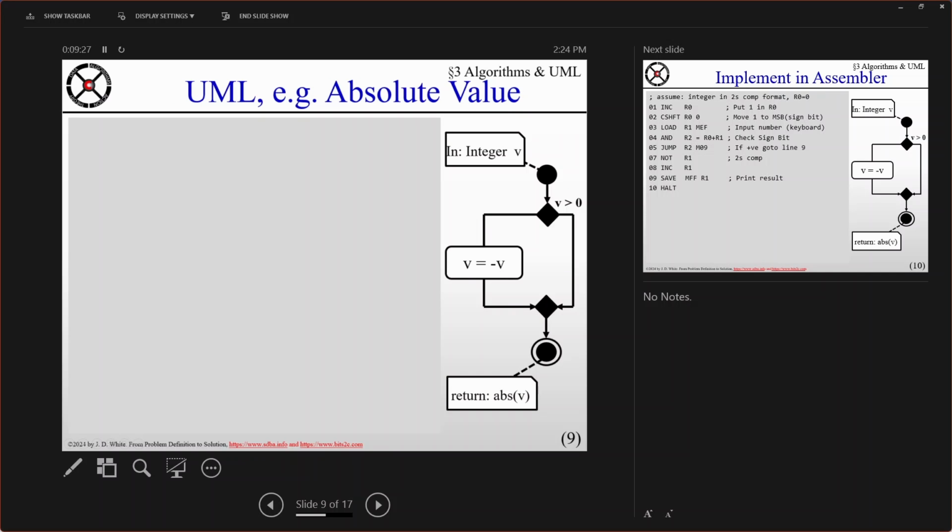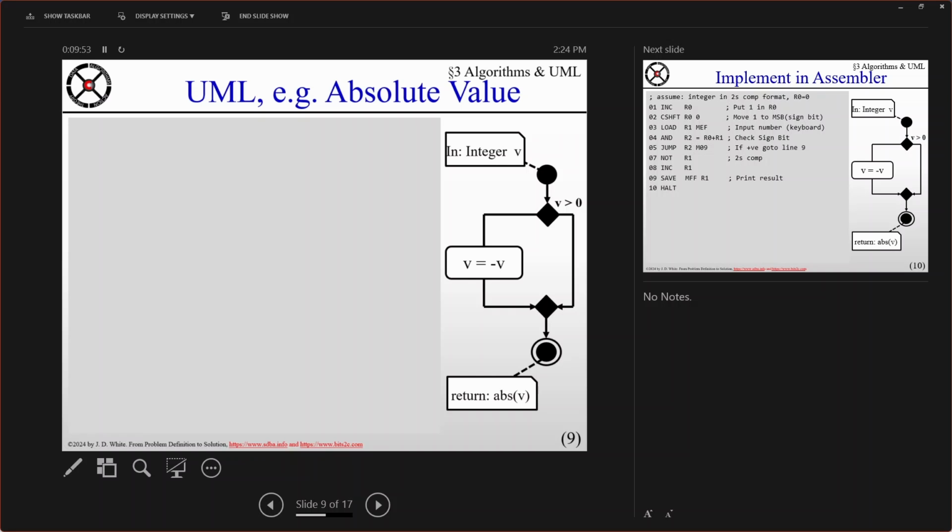Okay, so, for example, now here is the UML for the absolute value. There is my start symbol right here, and I've got a comment saying the input is an integer, v. I start here with the heart dot, I go down here and there's a branch.